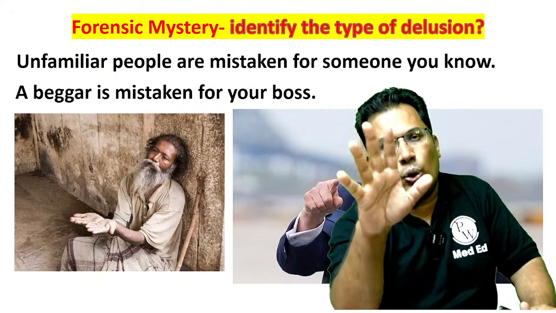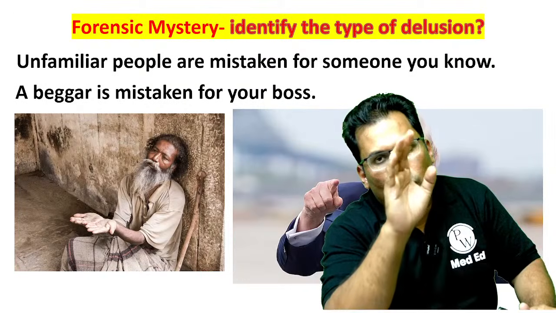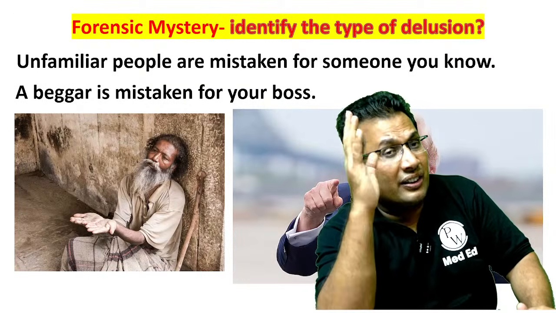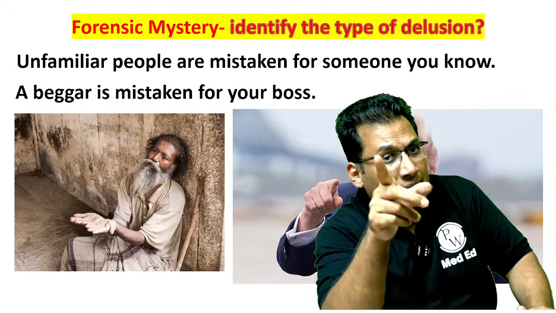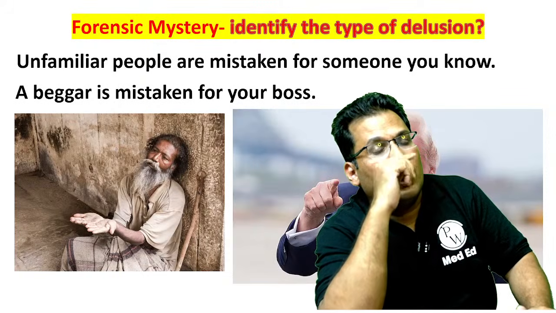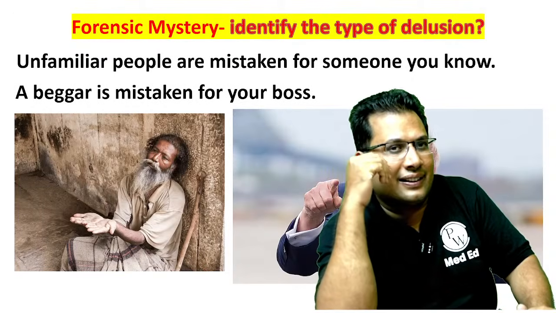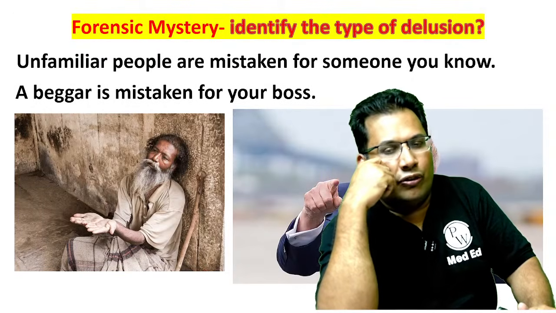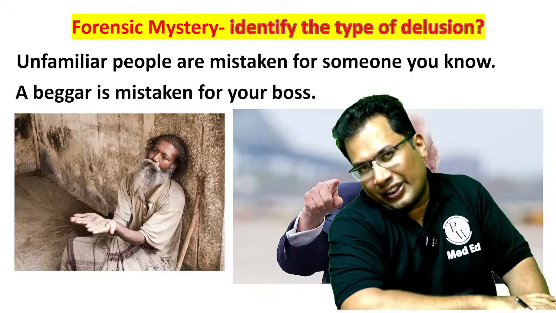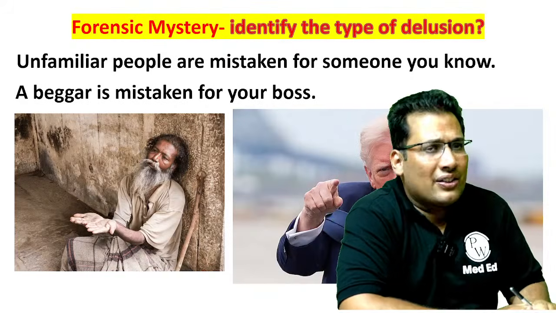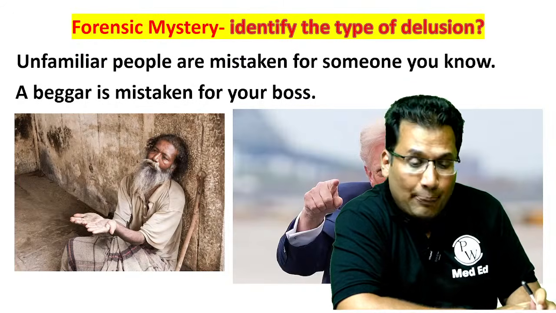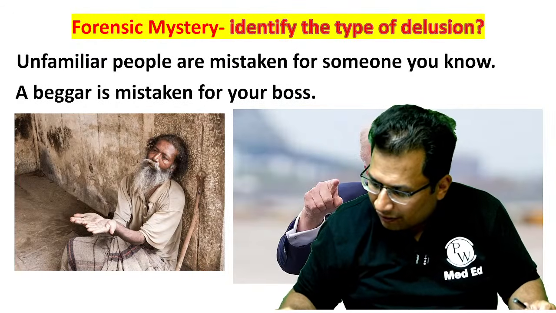Here is Donald Trump. So Donald Trump is the boss. The patient thinks that the beggar is Donald Trump. No, he's not a beggar. He's basically Donald Trump. So what type of delusion is this? It's a delusion of misidentification. So either it can be Fregoli syndrome or Capgras syndrome. Delusion of doubles. Okay, very good.